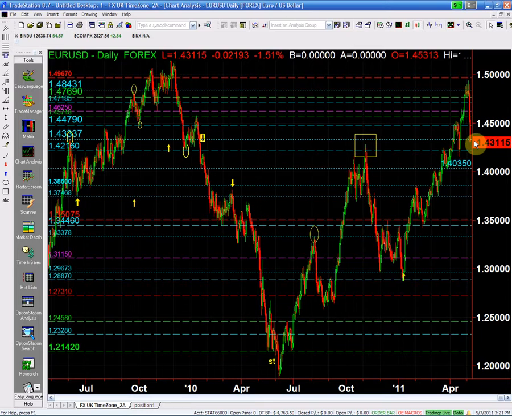So if it's going to behave and give me the same typical behavior, then I am looking for this kind of capitulation, at least to the 134.46. I am looking at least at another 1,000 pips to the downside. So that is a very powerful trade to keep an eye on.